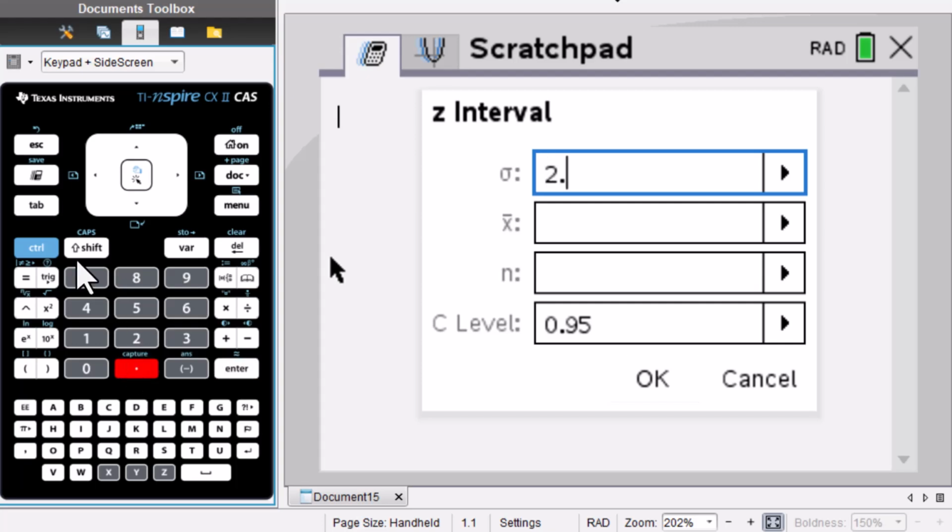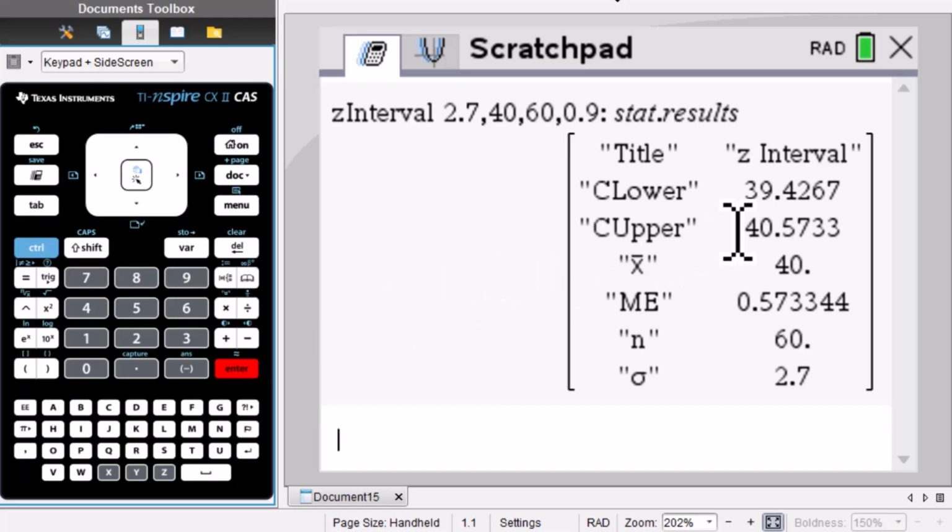Sigma 2.7, X bar 40, n is 60, C level 0.90. Enter. The interval is from 39.43 to 40.57. Remember, we need 4 sig figs.